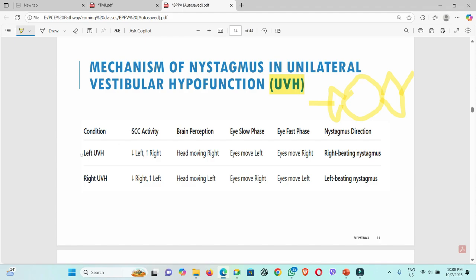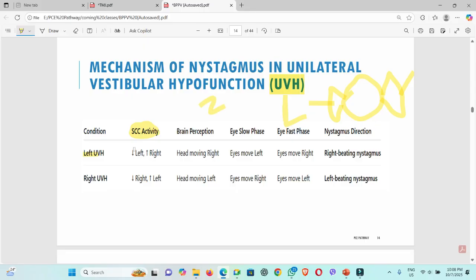Now in left UVH, okay, what is SCC, guys? Semicircular canal. Right. So left UVH, let's say this is left side unilateral vestibular hypofunction. The left side vestibular system is not functioning properly. Okay, it is functioning 20%.